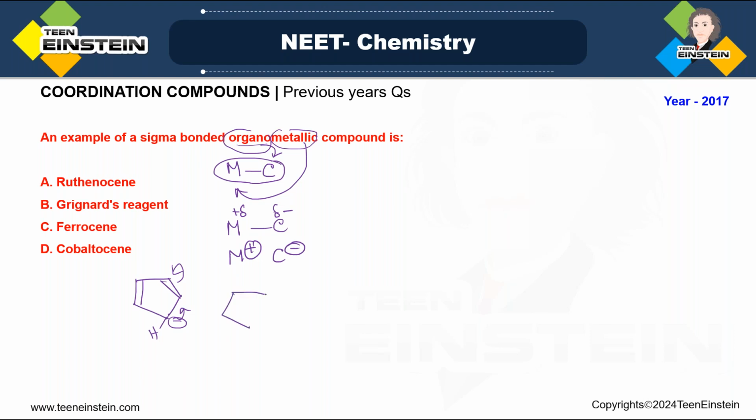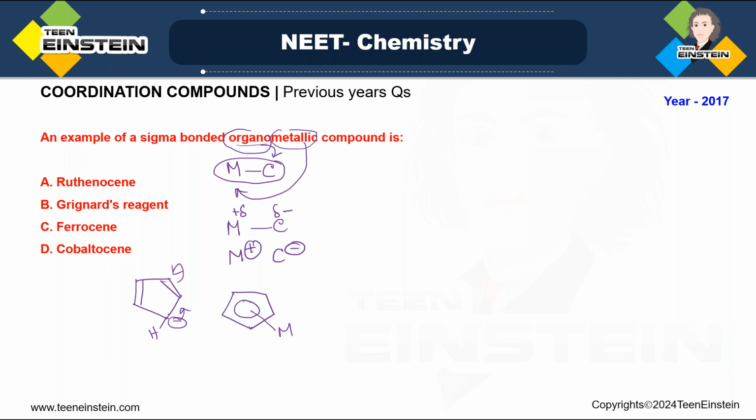That is why it is sometimes written with a circle. Now if this pi electron cloud is donated to the metal, then you will have not a sigma bonded but a pi bonded organometallic compound, because the pi electron cloud is donated, not a sigma electron. That is the difference between sigma bonded and pi bonded organometallic compounds.